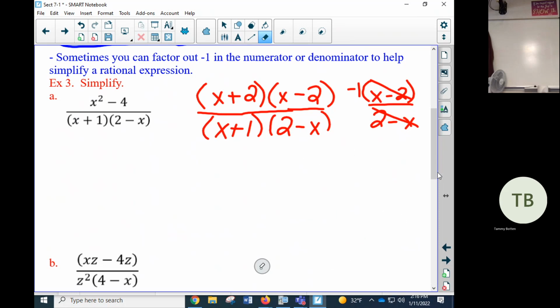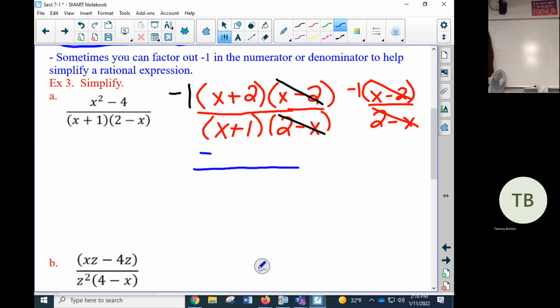So when I go back to this, one thing that you just get used to: if you have x minus 2 on top and 2 minus x on the bottom, you can cross those out, and in front of that first term on the top, put a -1. So now what we are left with on the top is -1 times x plus 2, and on the bottom we're left with x plus 1.